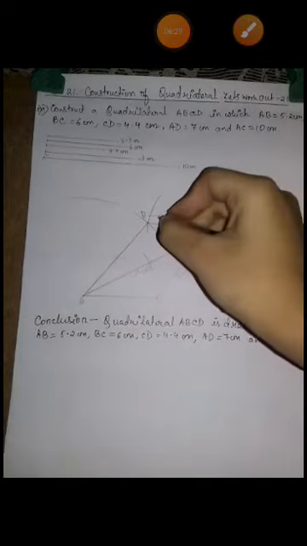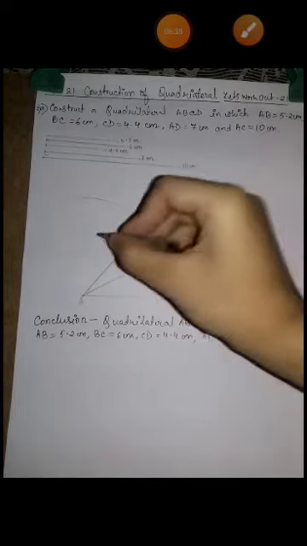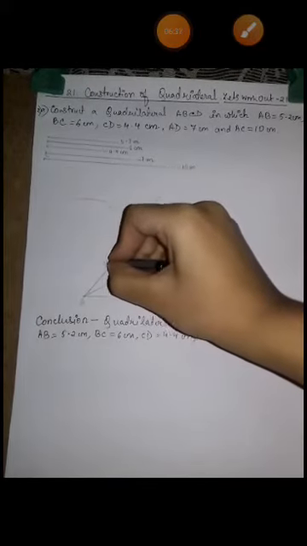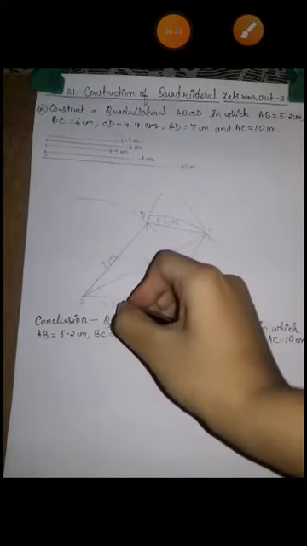See children, in CD you have 4.4 centimeter. So you are writing 4.4 centimeter, and AD is 7 centimeter. So you are writing 7 centimeter, and AB is 5.2 centimeter.